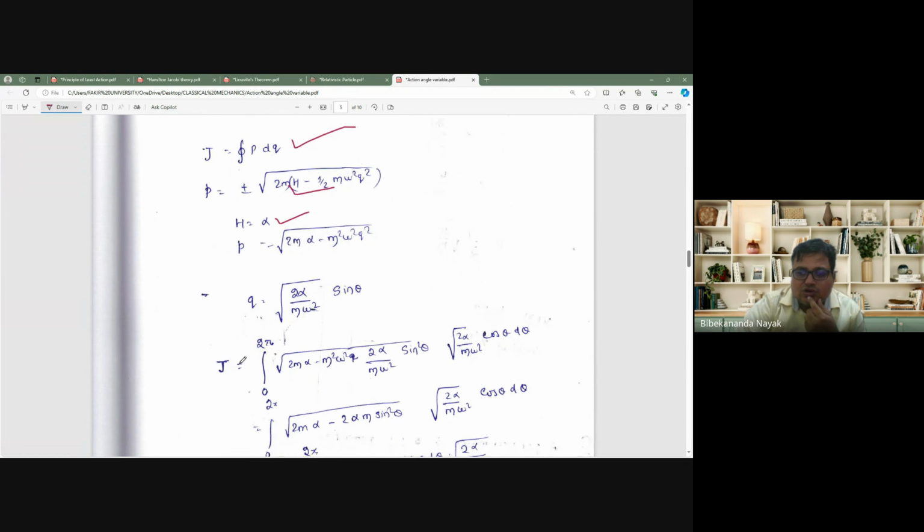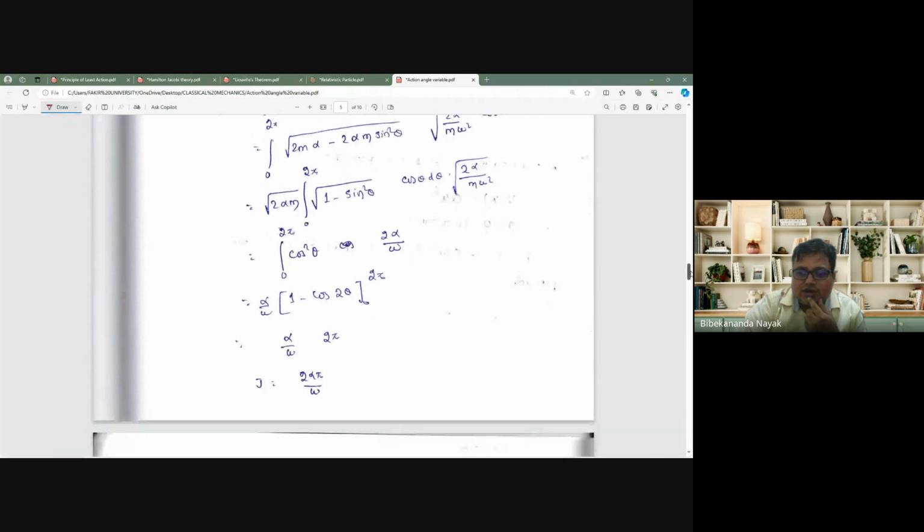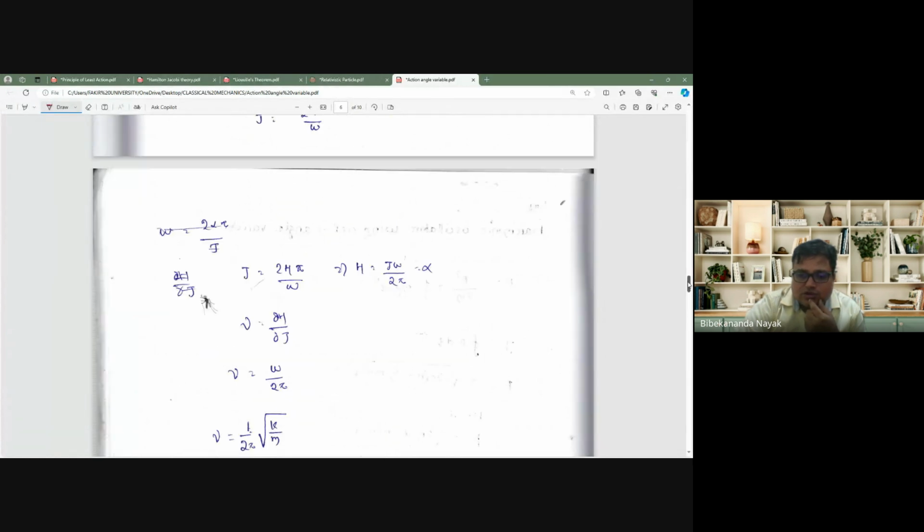So J is equal to this, and you know the Q value. Then if you put the Q, you calculate the J. J will be found to be 2 pi alpha by omega, or you can calculate from the frequency nu, del H by del J, from the formula. We found this.